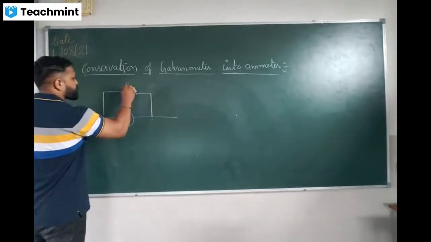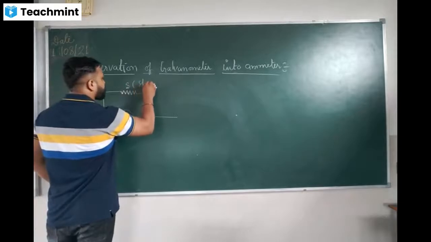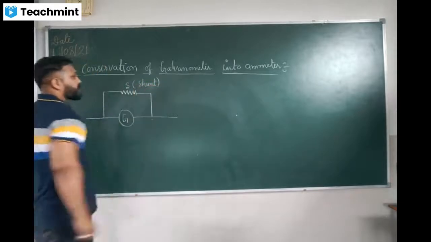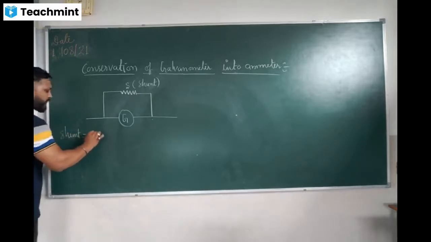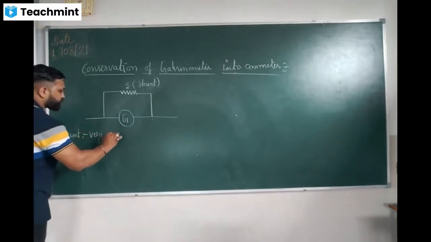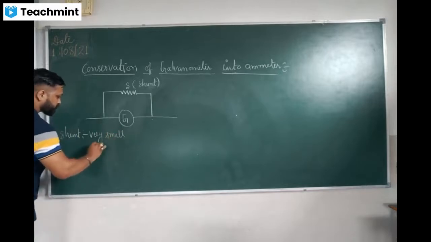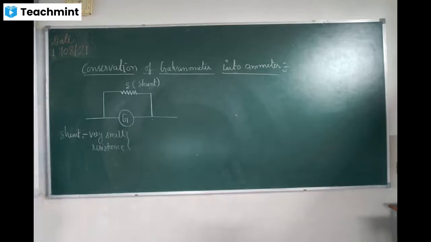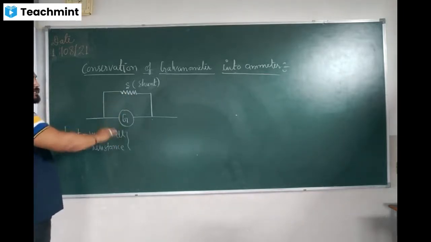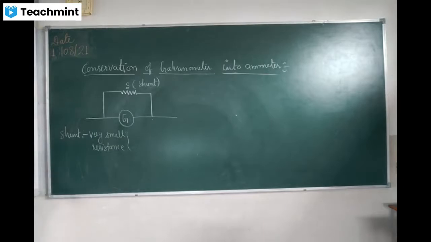This is S, generally known as the shunt. Shunt means a very small resistance. When we connect a shunt in parallel with the galvanometer, it will work as an ammeter.